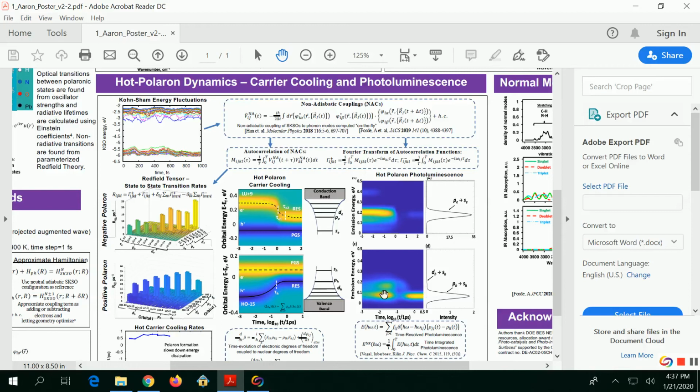Is there a reason for that? I guess I do these separately. So that would say that for the negative polaron there's more nuclear reorganization, so it screens lattice vibrations more than the positive.